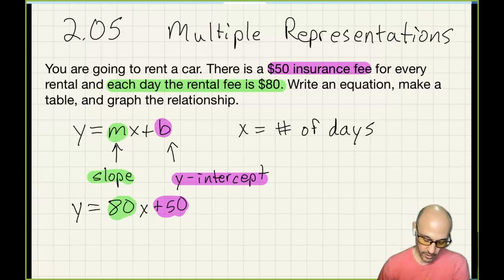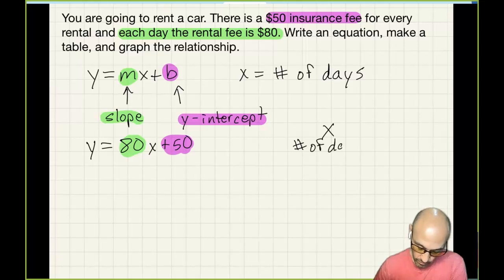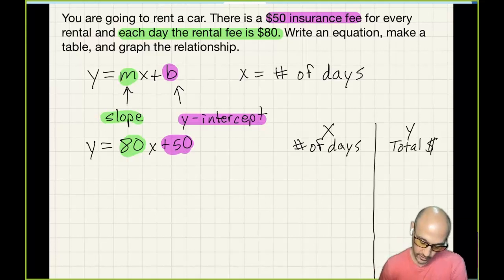So if we think about a table that's going to be representing this situation. X, remember that's the number of days for the rental. And Y will be the total dollars for that many days rental.